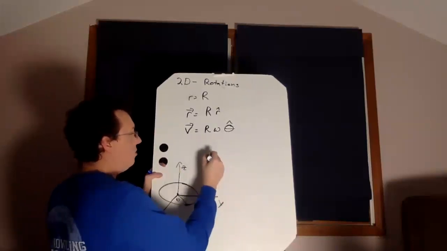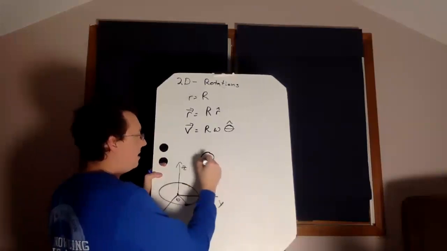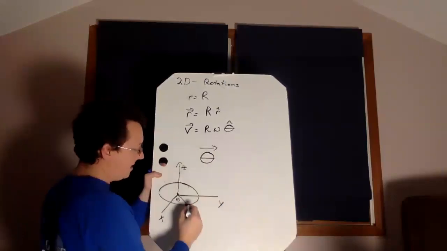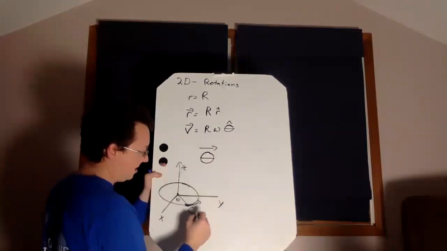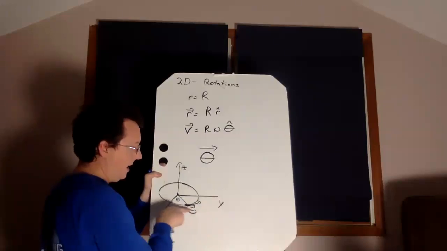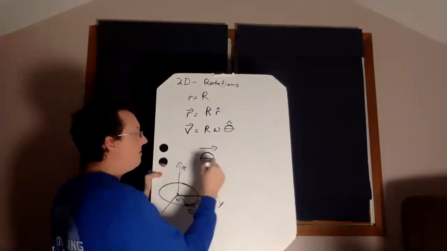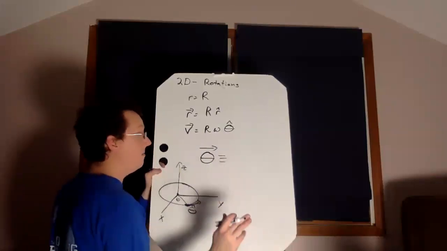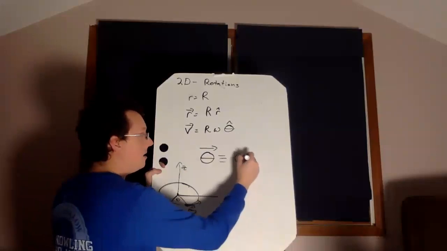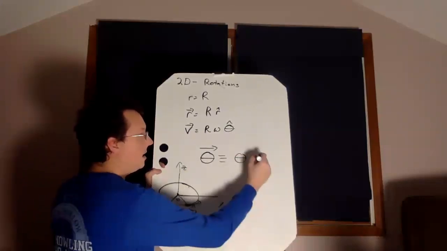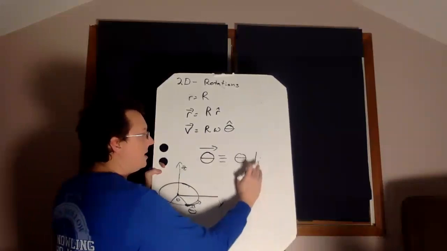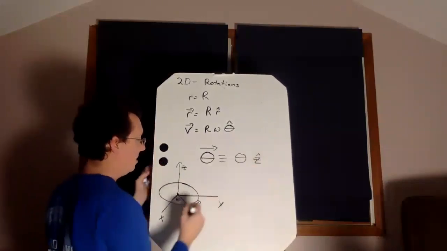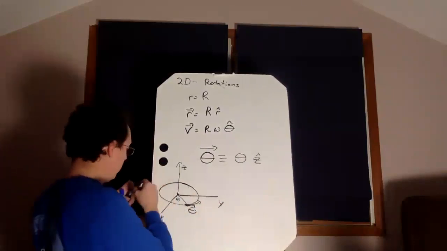Okay, so we're going to define a new vector. It's called theta vector, not theta hat. Theta hat is in the plane. It points along the circle. Theta vector is defined, just the definition of it, as theta times z hat, the z direction. So theta hat points along the circle.